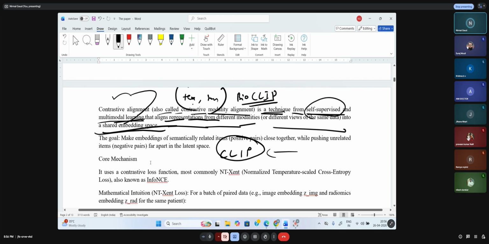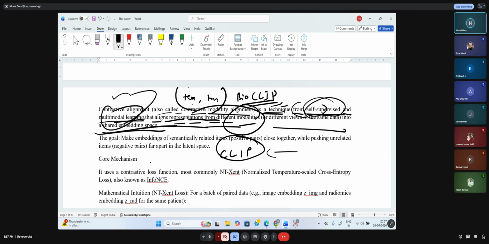It is a technique from self-supervised and multimodal learning, because this is multimodal, meaning text and images both are taken to train a model. It's a huge model. It learns from multimodal data that aligns representations from different modalities. Different modality means text and image. We have combined the text and images. We have a text encoder and an image encoder.